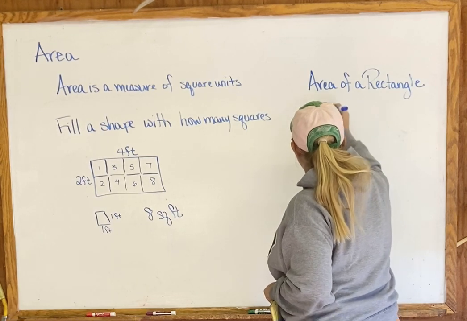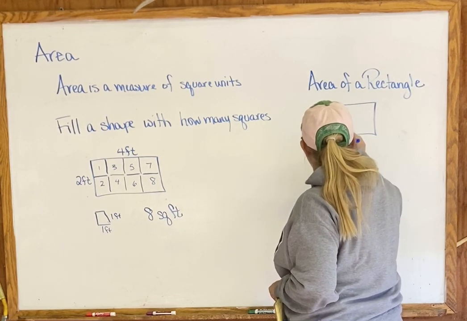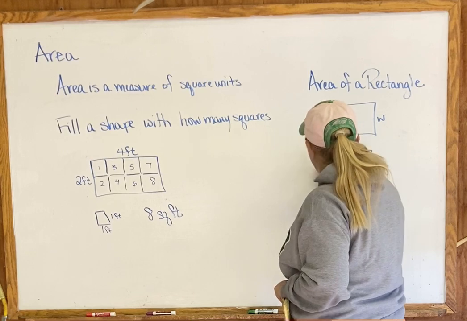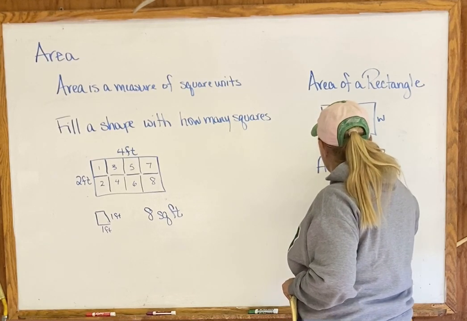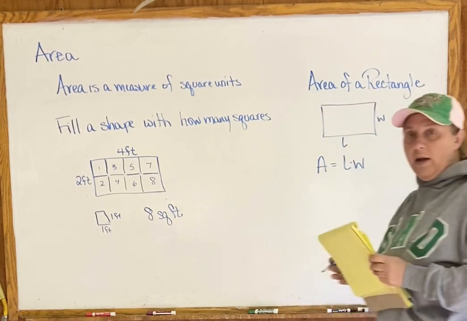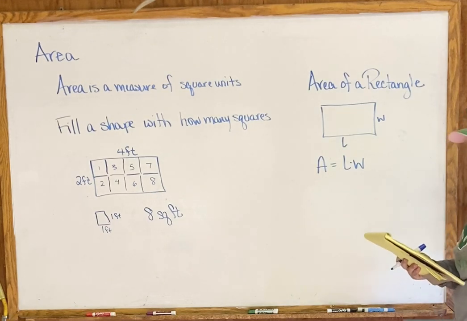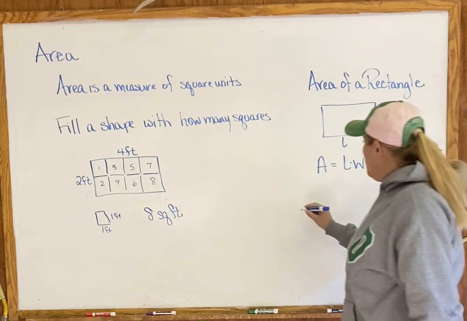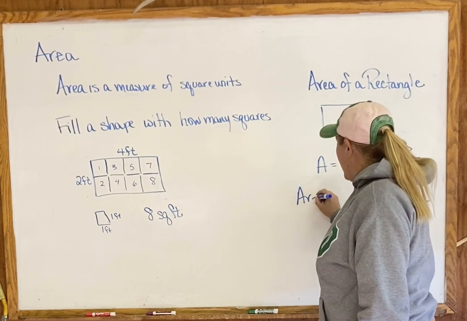With length and width, area equals length times width.